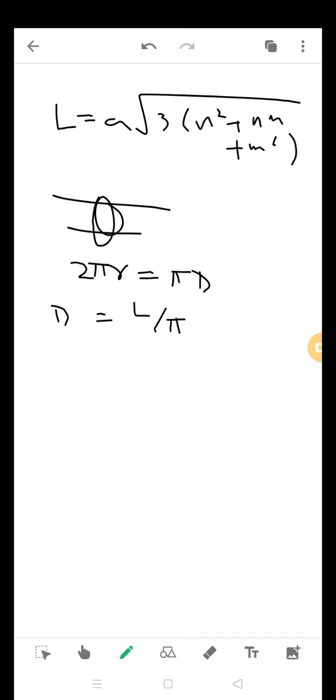And the angle, the chiral angle, is simply found from tan theta, which is equal to y by x, as you know. So y, the chiral vector's y part, is 3 by 2 a m.